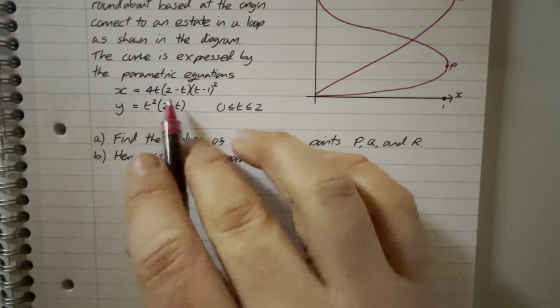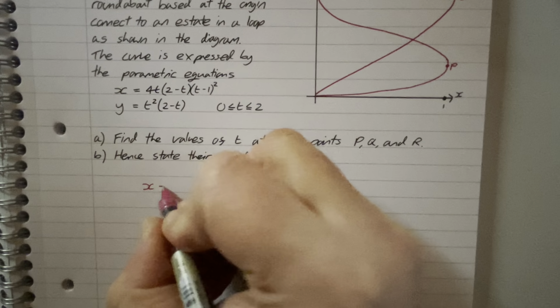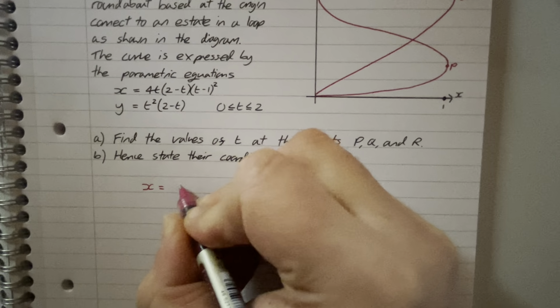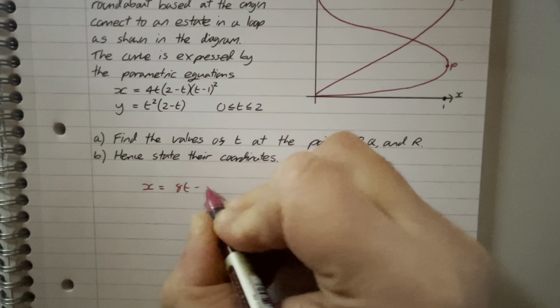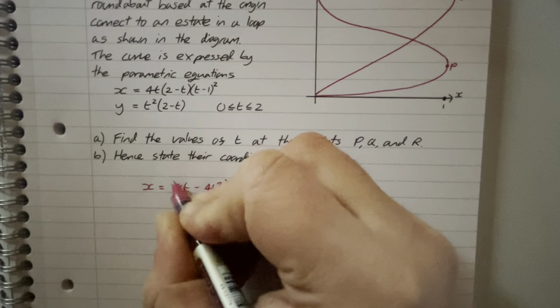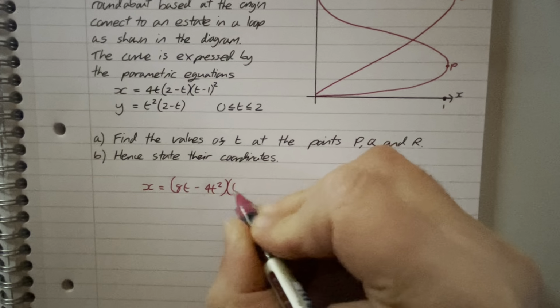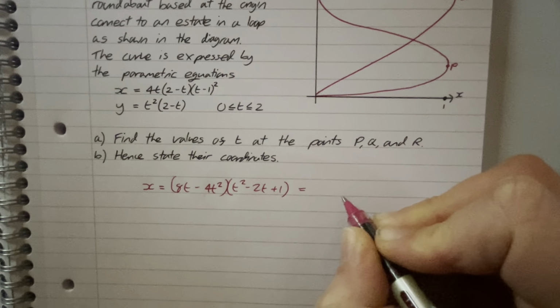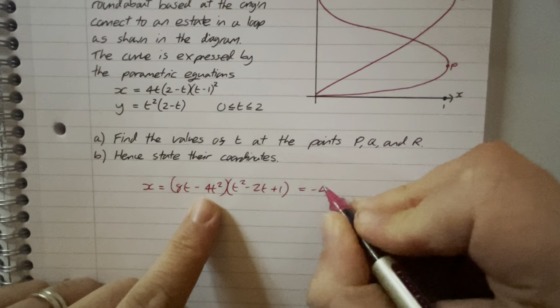So x is this, which is a quartic, so I'm going to multiply it all out. So we're going to have 8t minus 4t squared into t squared minus 2t plus 1. And that's going to be minus 4t to the 4.